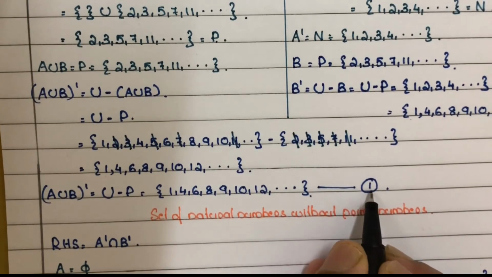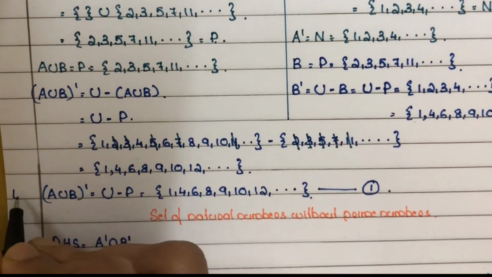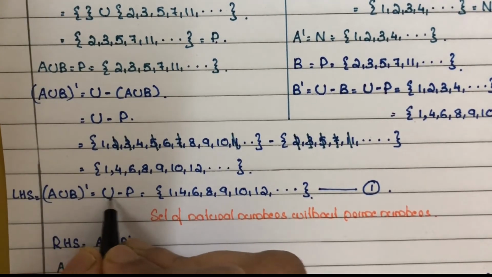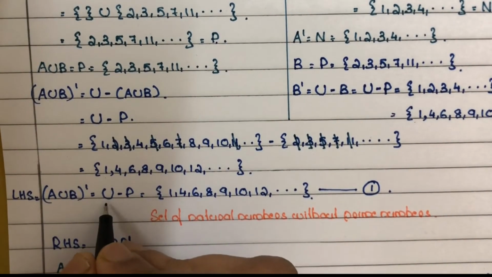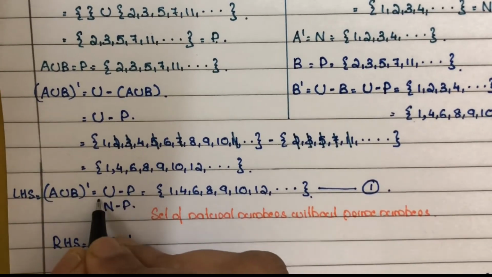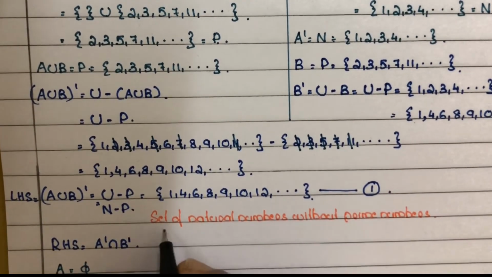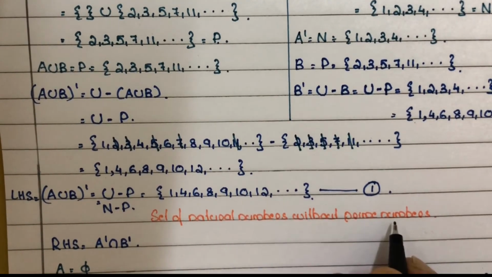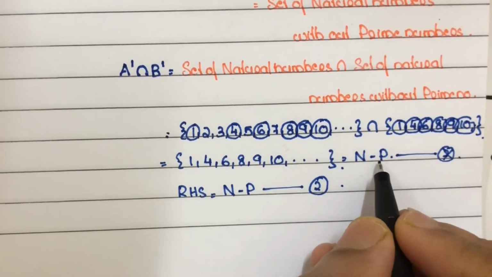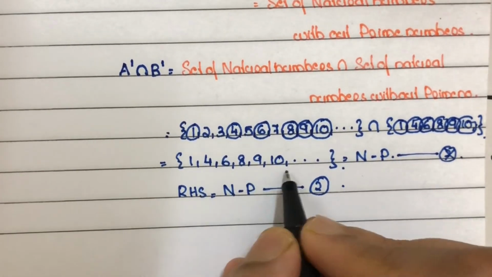Now equation number 1 is LHS, right? LHS equal to A union B whole complement equal to U minus P. U minus P means use the universal set, that is set of natural numbers. It is same as N minus P, right? So equation 1 is set of natural numbers without prime numbers. And equation 2 is also N minus P, that is set of natural numbers without prime numbers, right?